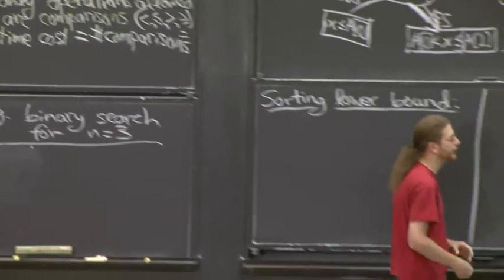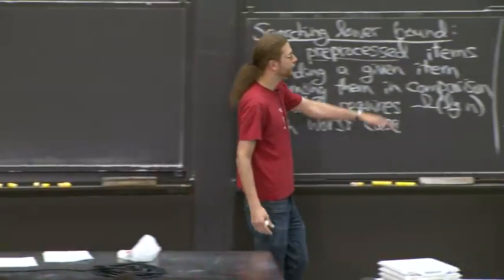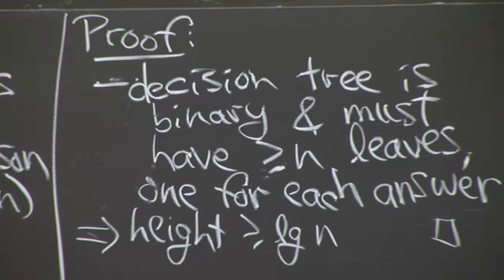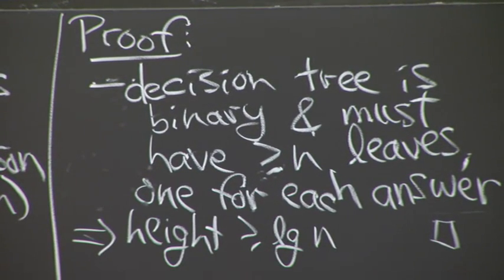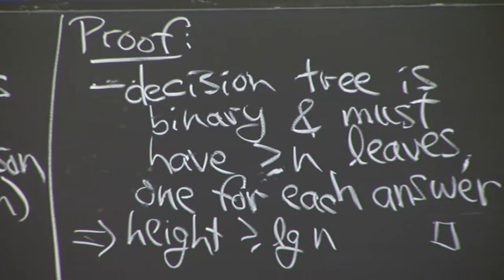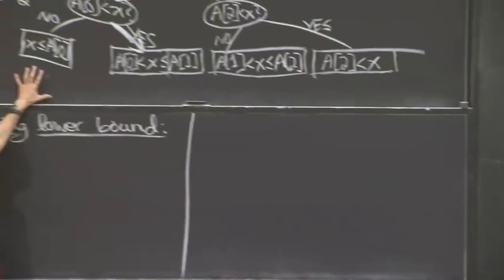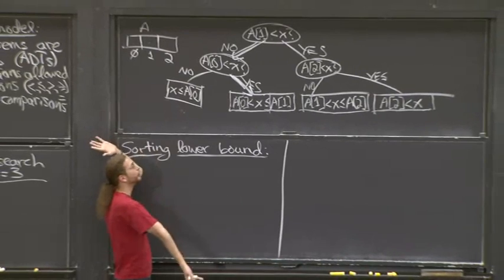So we just follow the same strategy. The decision tree is binary. The question is, how many leaves does it have to have? For sorting, I'm not going to draw an example because the trees get ginormous.